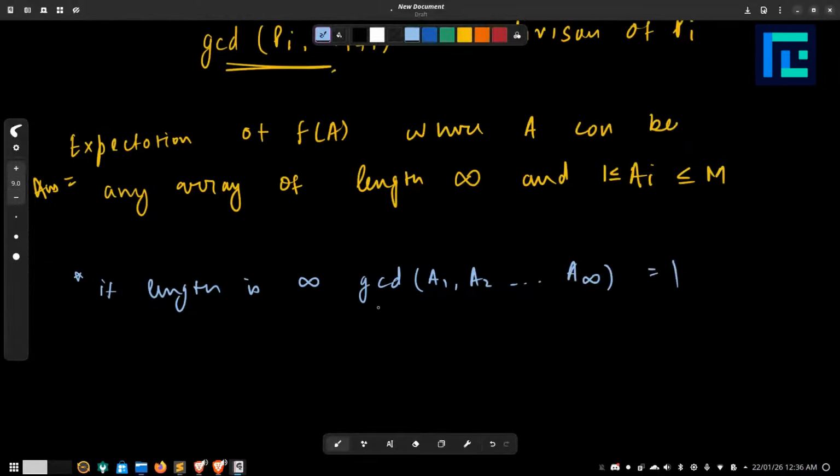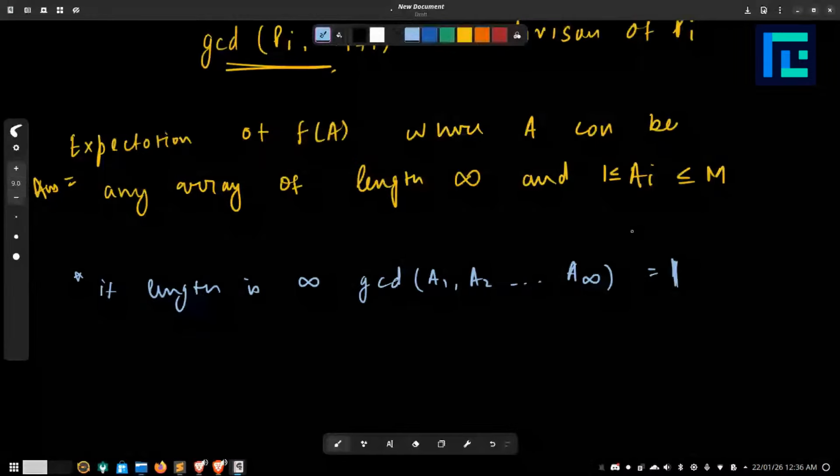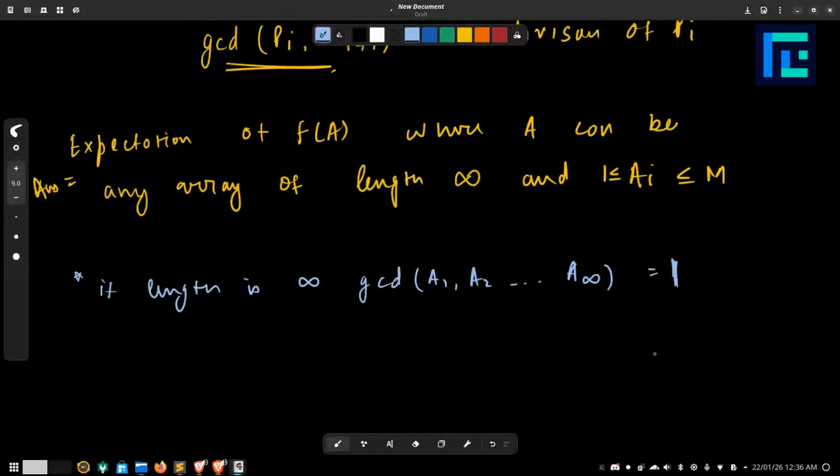Since the numbers are not ending, at some point the GCD will have to become 1. So we can assume that the GCD of the whole array A is just 1.